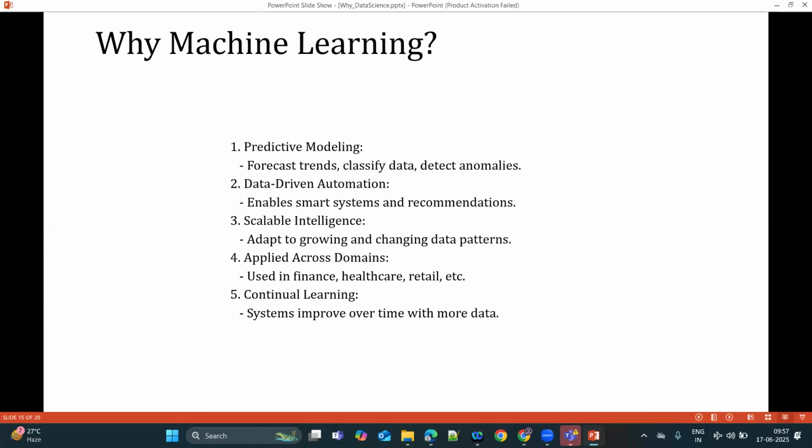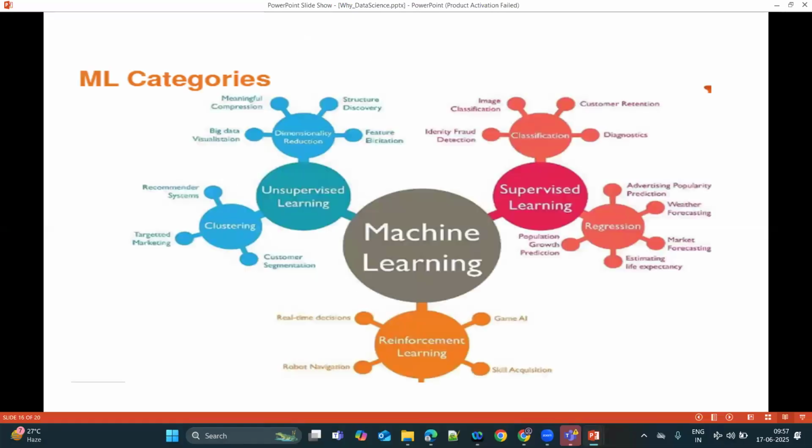And moreover, I told you what machine learning is yesterday. Machine learning is nothing but teaching a pattern to the machine, and by using the pattern, we'll be predicting the results on futuristic data. That is exactly what machine learning is. We'll start machine learning and everything in the further classes.